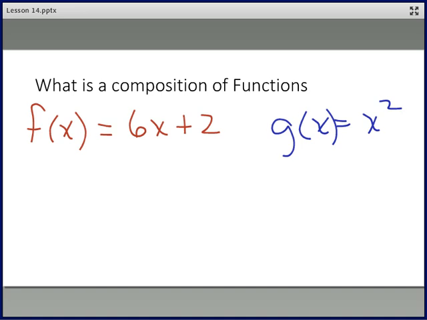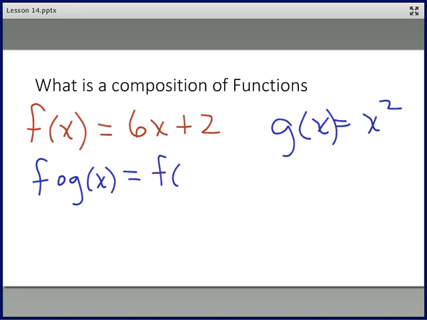What we're going to do is a composition, and there's lots of different compositions we can do. We can do one called f of g of x. It's written like this, not f times g, but f of g of x.